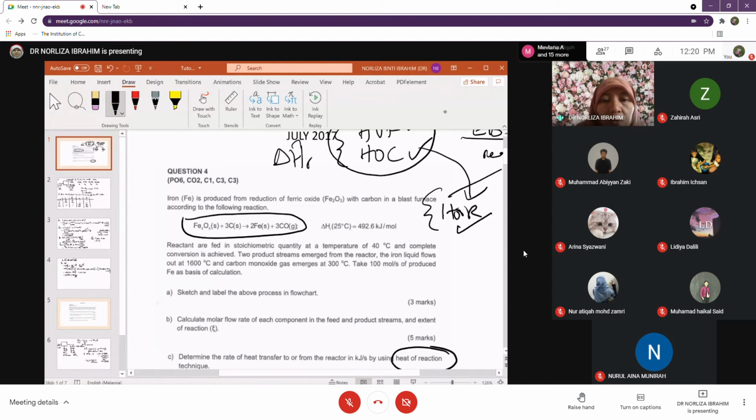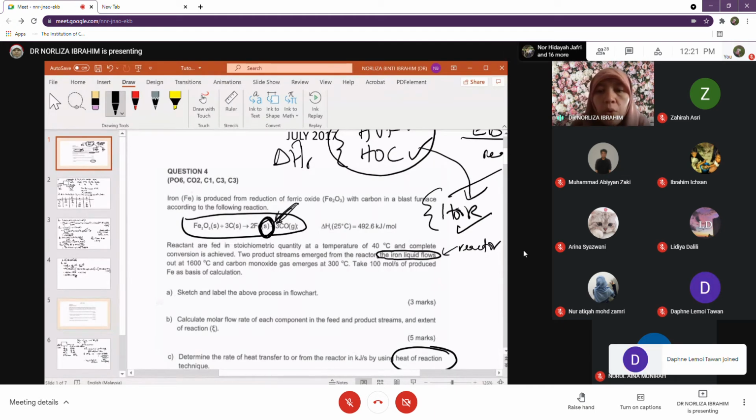If you refer to the reaction, the ferrum produced from the reaction is still in solid form, but here the iron flows out as a liquid. This is what comes out of the reactor, the product of the reactor, not the product of the reaction. I hope you can differentiate the two.